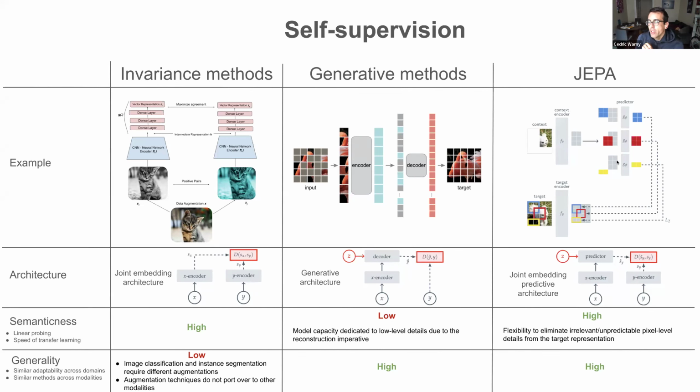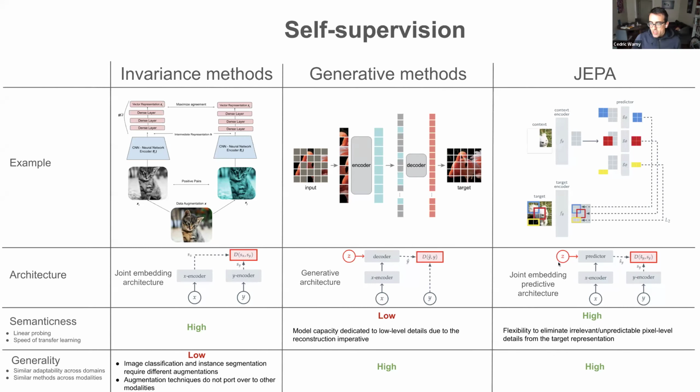And then you have a predictor that takes those embeddings and tries to predict not the actual image, but its embedding representation. So the targets are also encoded, and then you're trying to predict the target embeddings from the context embeddings. I'll go into more detail over that in a second.